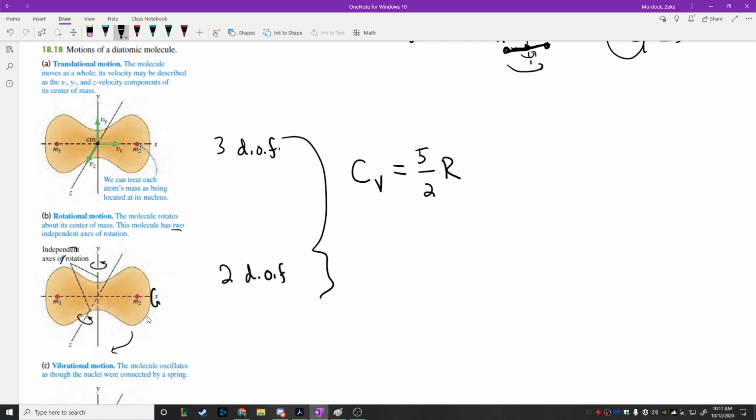Either M1 comes out towards you and then rotates back in like this. So why are we not including this rotation, which is certainly possible, right? The x-axis? Yeah. What do y'all think? Why are we not including that one?